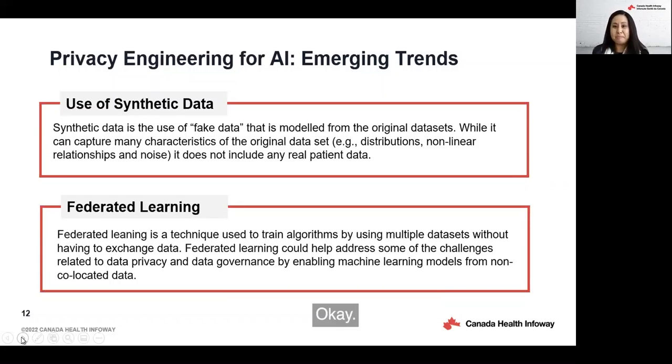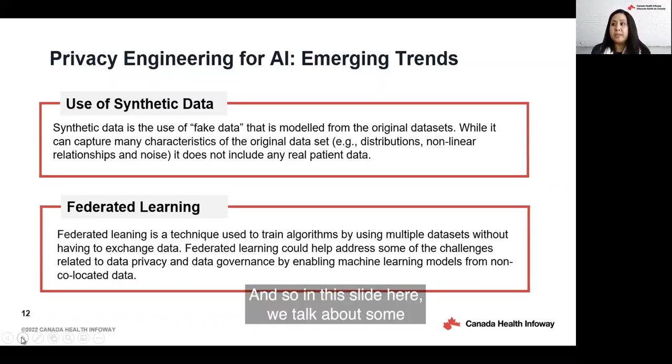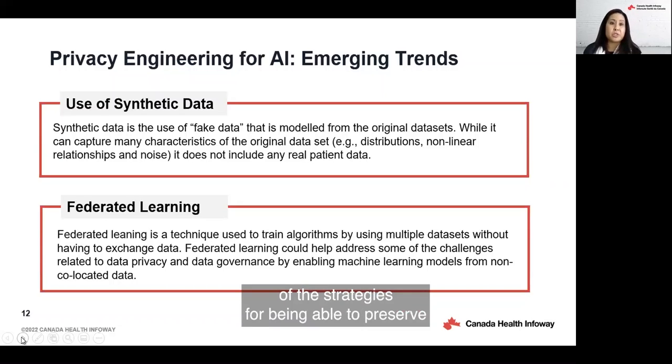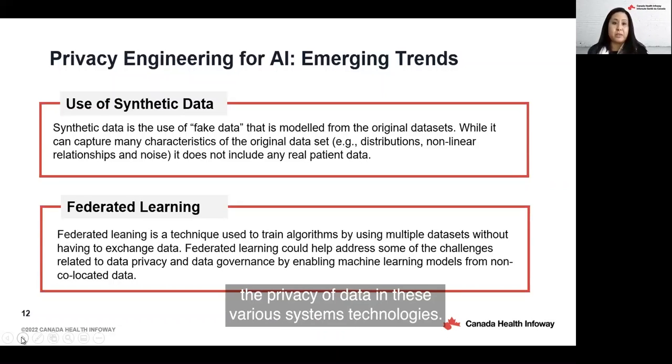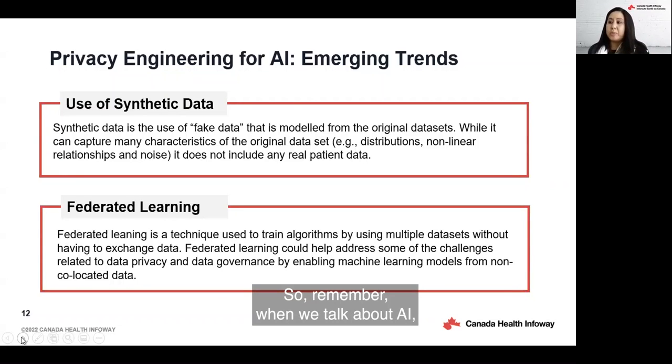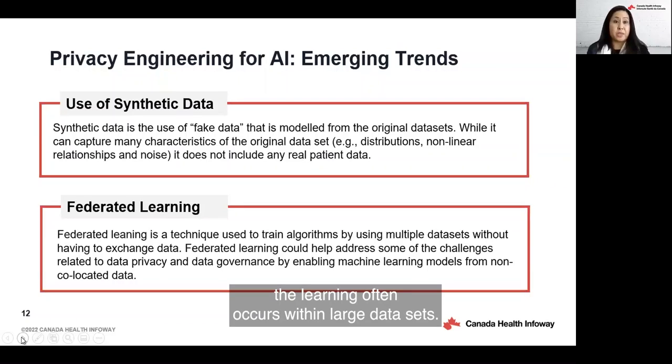Okay. And so in this slide here, we talk about some of the strategies for being able to preserve the privacy of data in these various systems and technologies. So remember, when we talk about AI, the learning often occurs within large data sets.